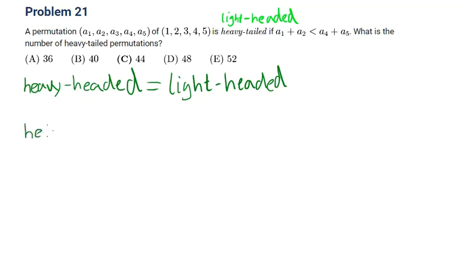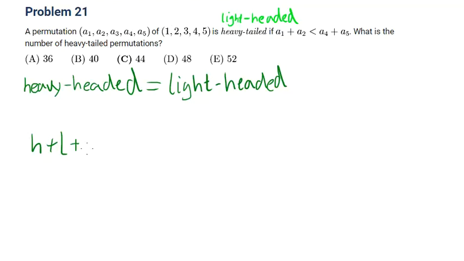So we know heavy-headed plus light-headed, you know what? I'm just going to call these heavy-headed H plus light-headed L plus, well, it's symmetrical. The symmetrical situation with heads equal to tails.